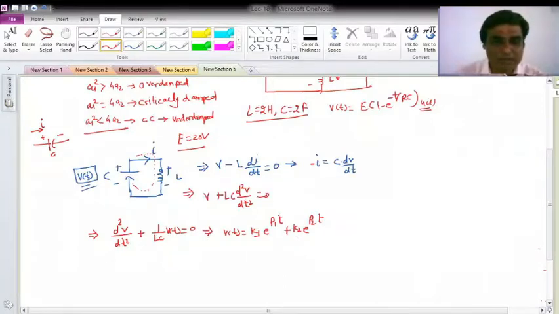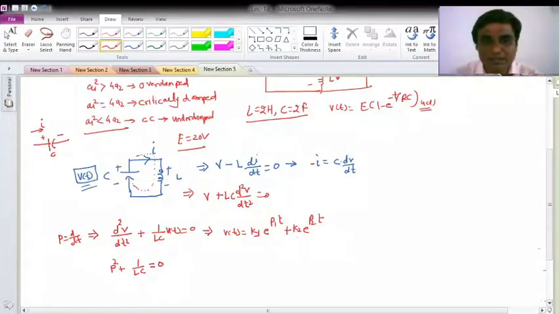For that, consider the system operator, P, which is d by dt. So I can write P square plus 1 over LC, which is 0. And L is 2 we have assumed, and C is also 2. So this again can be written as P square plus 1 by 4, that is 0. And what are the roots?